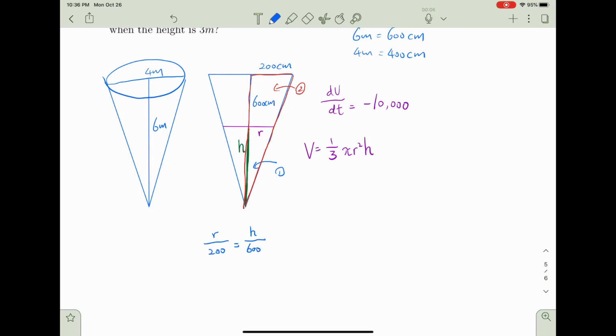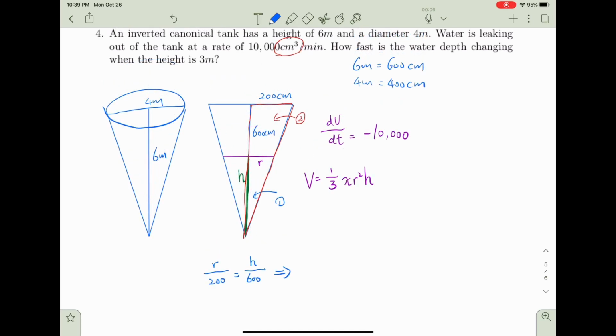By using this information, we can find the relation between the variables r and h, and then substitute this into the volume equation so that we can eliminate one of the variables.